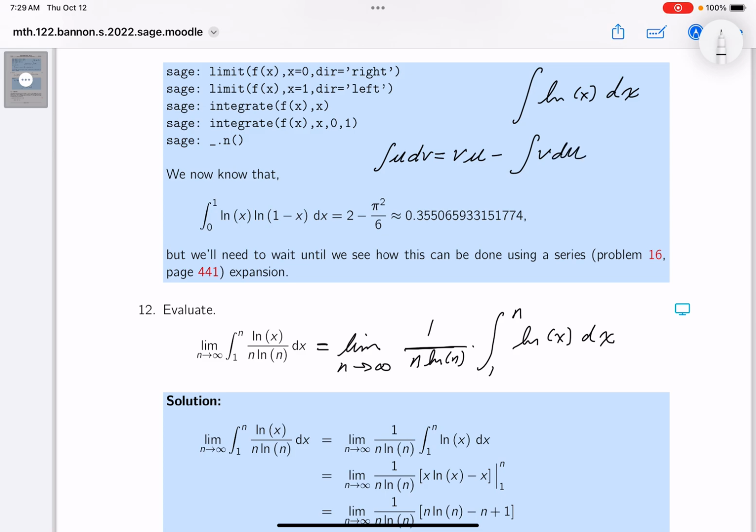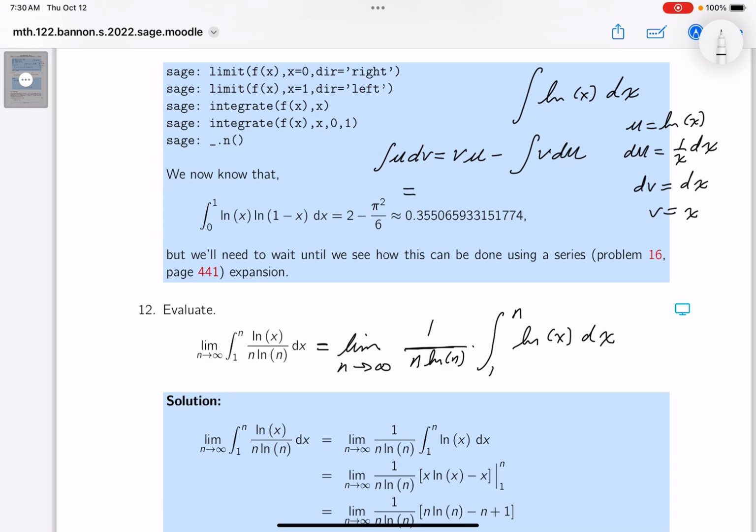And I'm going to say u is equal to ln x, and du would be 1 over x dx, all right? And dv is equal to dx, and v equals x.